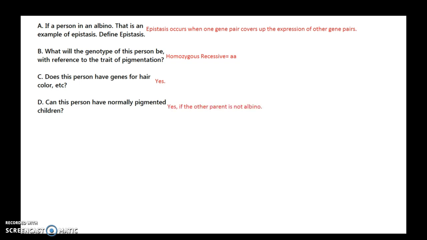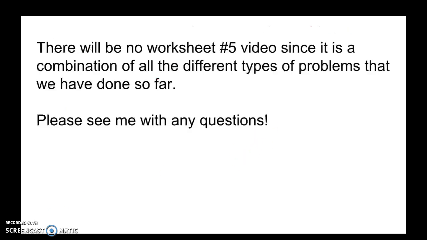Yes, if the other parent is not albino. So if you have 2 albino people having children, then their kids are definitely going to be albino because all you have are little a's. But if there's some type of combination of parents where we can get a dominant gene in there for normal pigmentation, then you would not have the albino child.